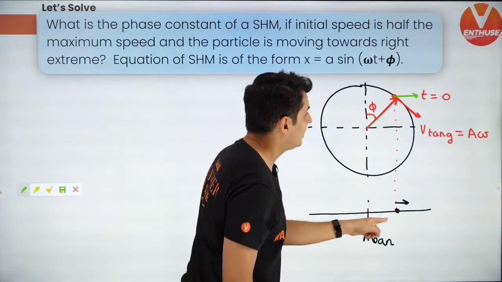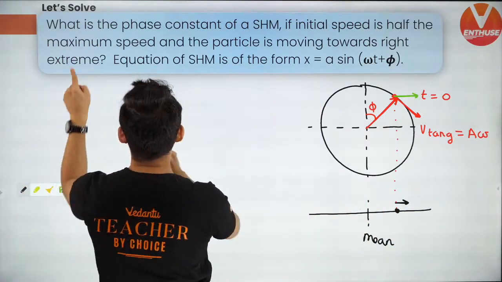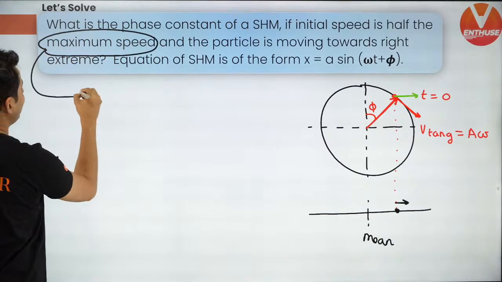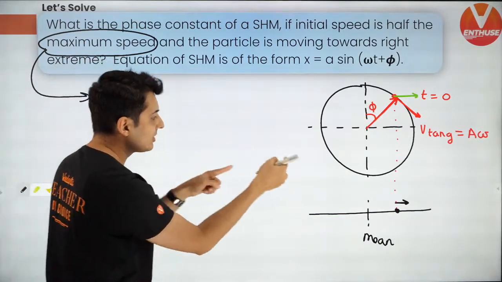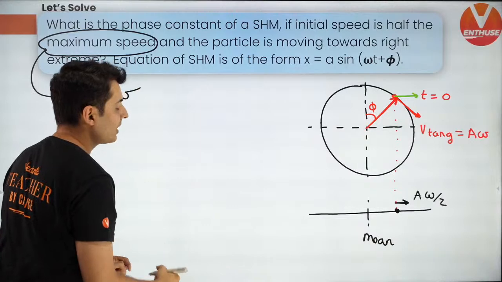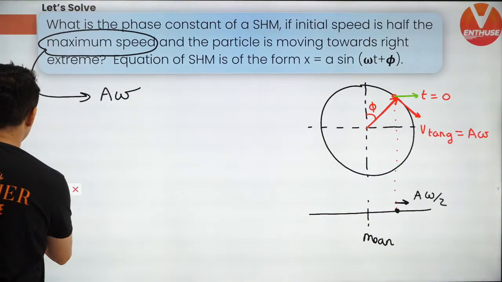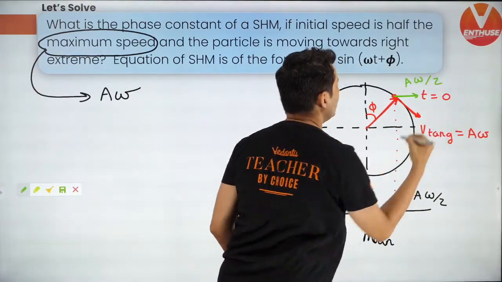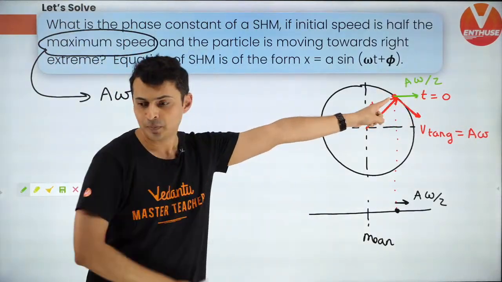It is mentioned that this velocity is half the maximum speed, and we have seen in our previous lecture that maximum speed is a omega. So the speed of the SHM should be a omega by 2, guys. So that means this component must also be a omega by 2. Everybody getting it?